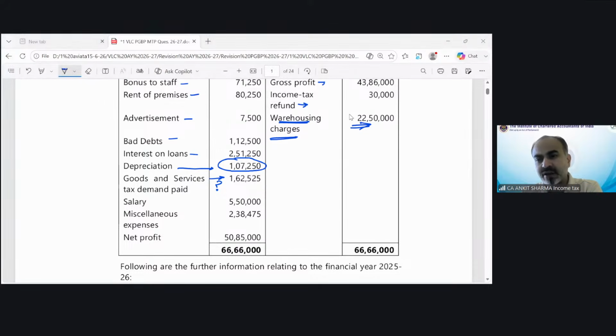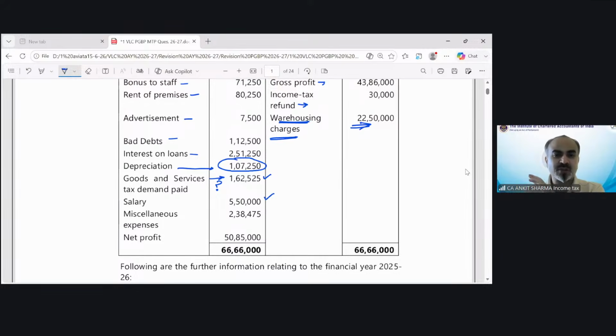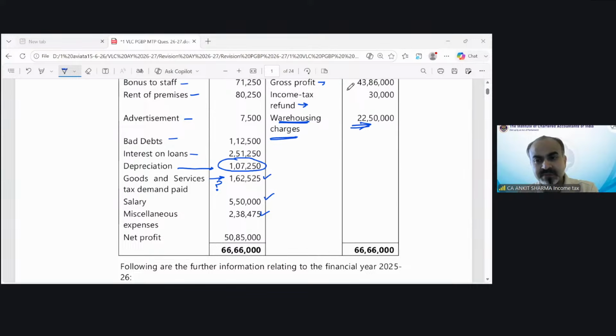Garv is saying normal expenses, no treatment required. Well done, Garv. Very good. So in this case, this is an allowed expenditure. We do not need to do anything with it. Again, salary is also allowed, miscellaneous expenses also allowed. Maybe there would be some additional information regarding these expenditures, but we will solve those later when we go through the additional information part. Till now, it is clear.